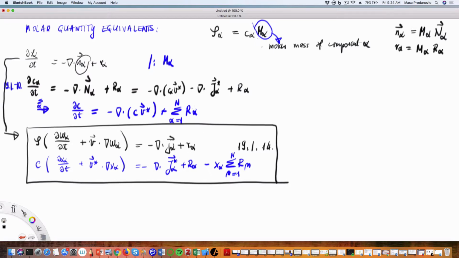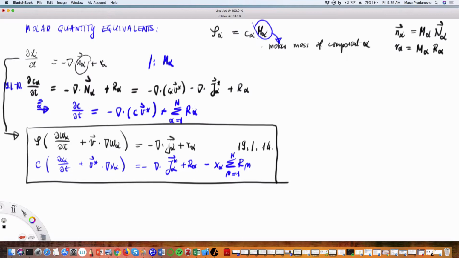And another thing that we're going to do, once we actually start solving problems, is use a version of Fick's law for expressing J alpha. Okay? Let's actually solve some problems. So these are just general equations of change.